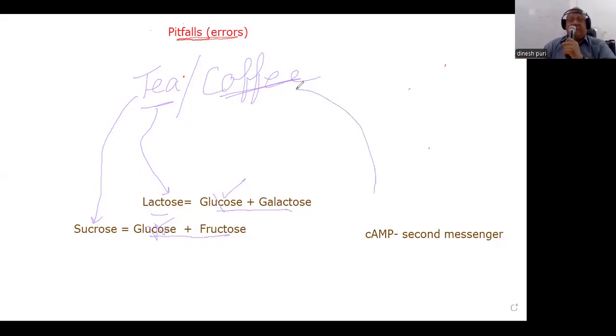And these two chemicals increase the cyclic AMP level intracellularly. Cyclic AMP, as you know, is a second messenger. What it does is increase the blood glucose level, because cyclic AMP is the second messenger for glucagon.